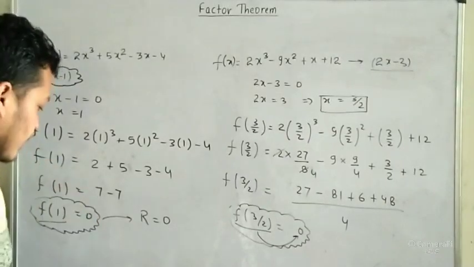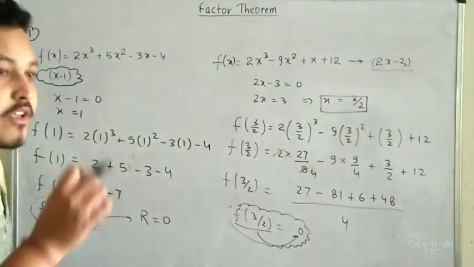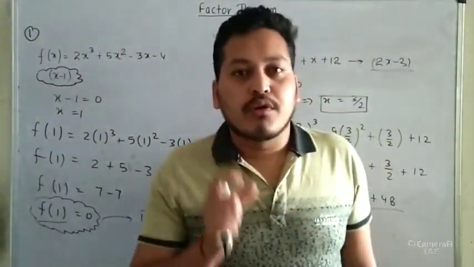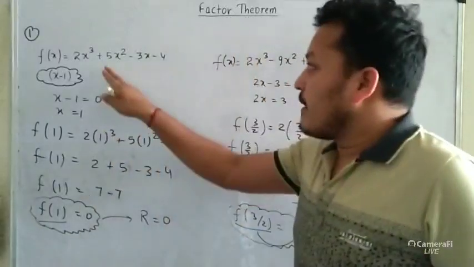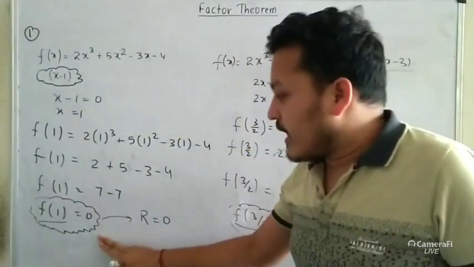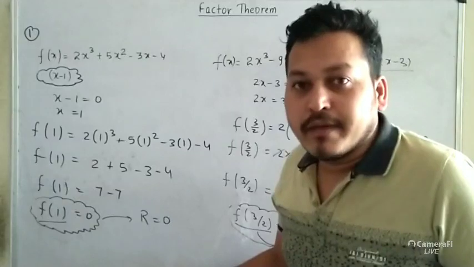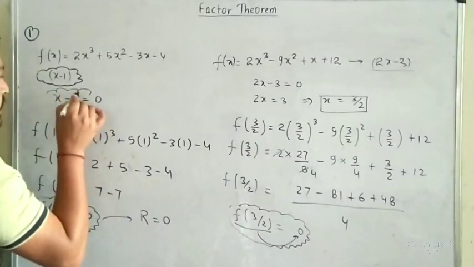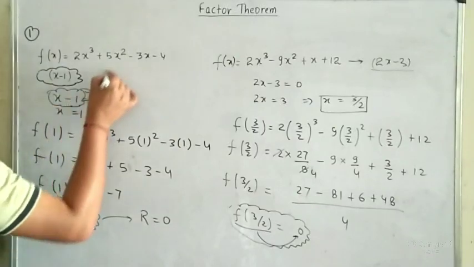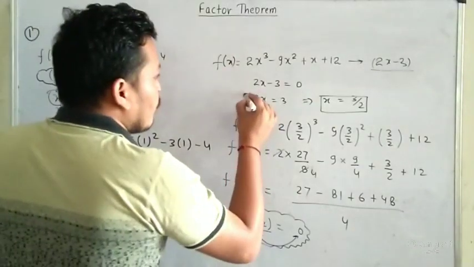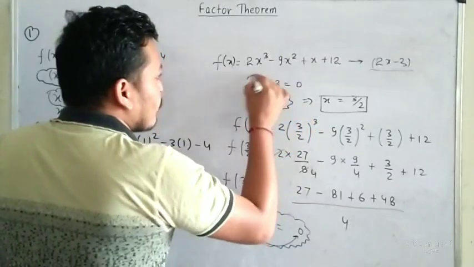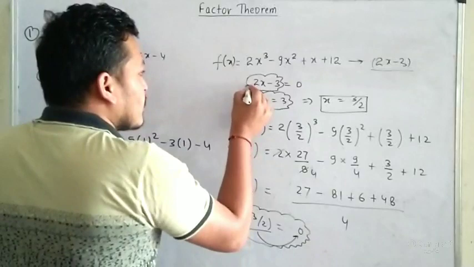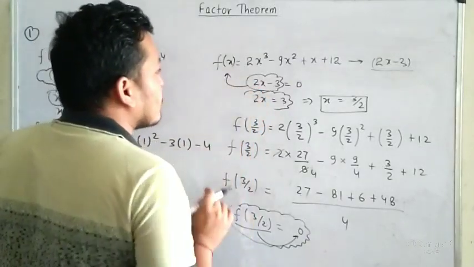So this thing is known as the factor theorem. When we substitute the value of x in the given polynomial and our remainder is equal to 0, it means x minus 1 is a factor of this expression. Same here, when we substitute the value of x for 2x minus 3, we get remainder 0, so 2x minus 3 is a factor of this expression.